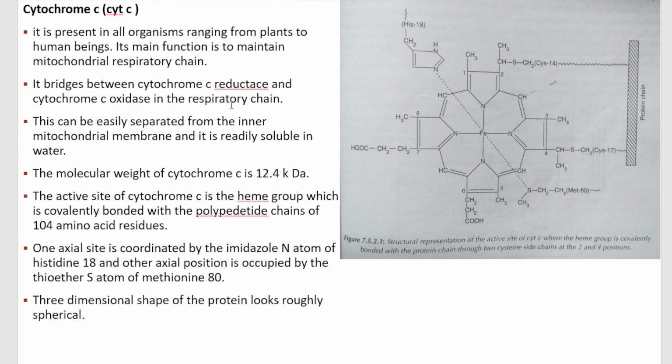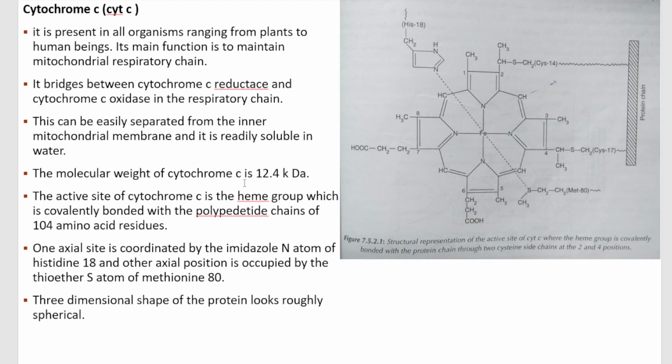Because it helps in electron transfer in the mitochondrial respiratory chain, where will it be present? Definitely in the mitochondrial region. It can be separated from the intermitochondrial membrane, that's where it is present, and it is readily soluble in water.